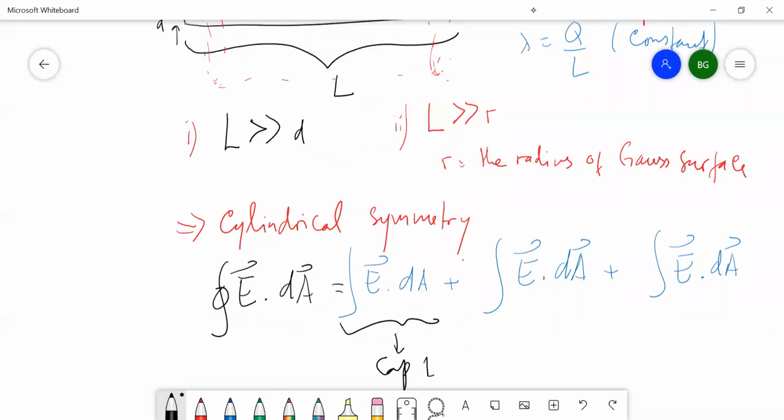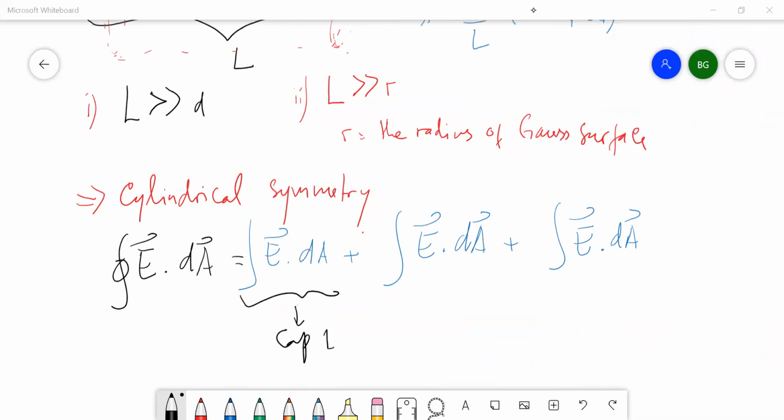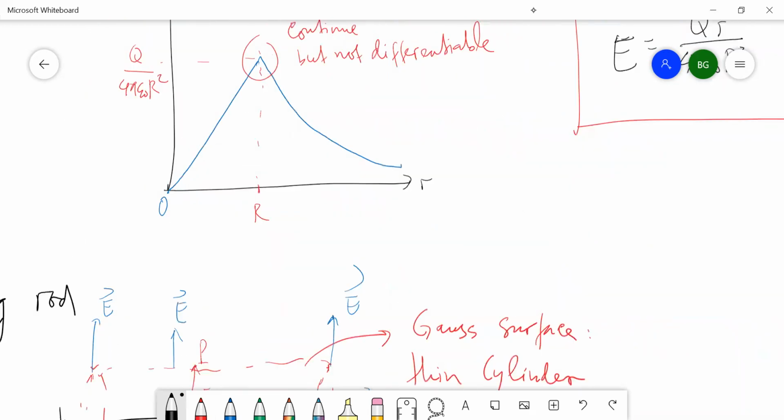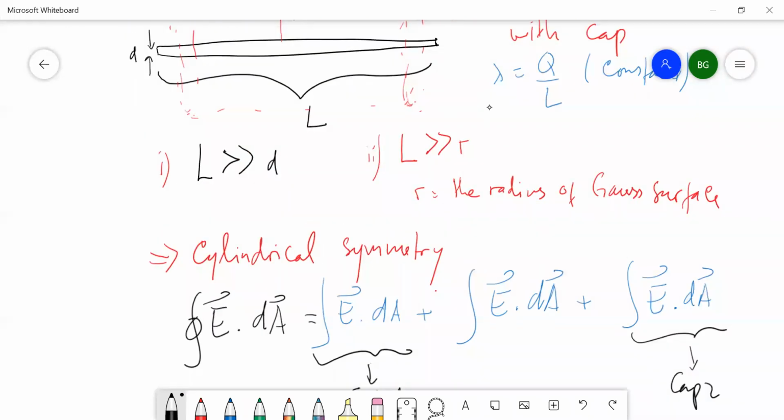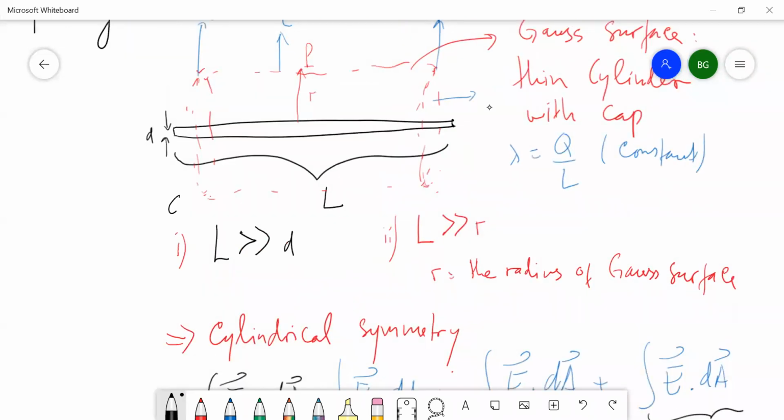And then the third term is the second cap. This is cap 1, and this is cap 2.